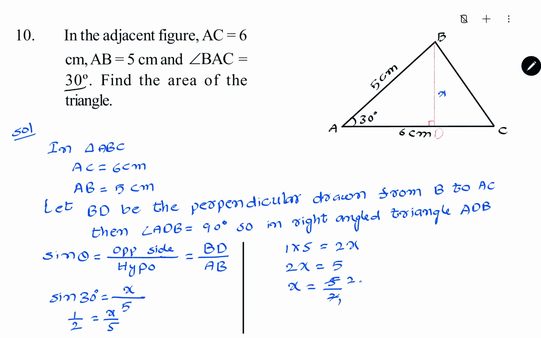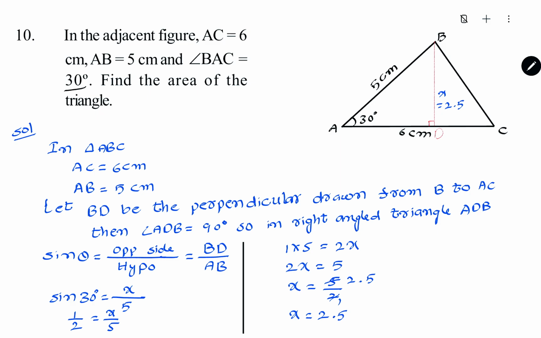So point 1 is not possible now, so keep point 1 0 10. 2 5 is a 10. We get x is equal to 2.5. So we got height. Height is 2.5 meters. We need area of the triangle.